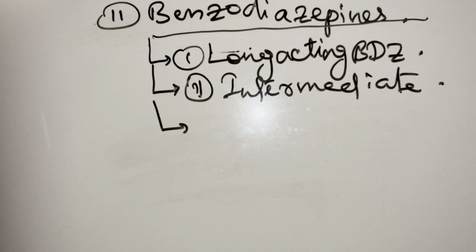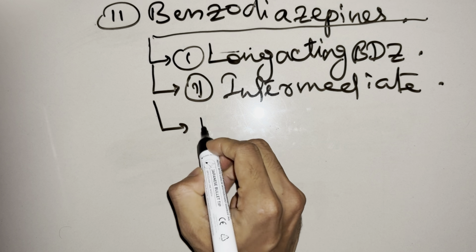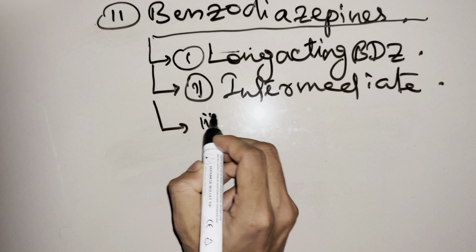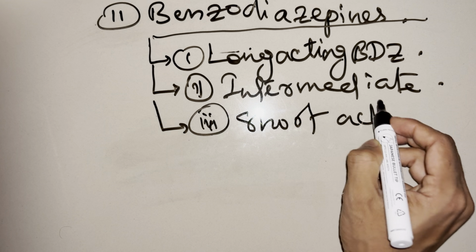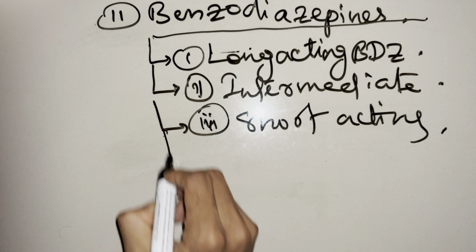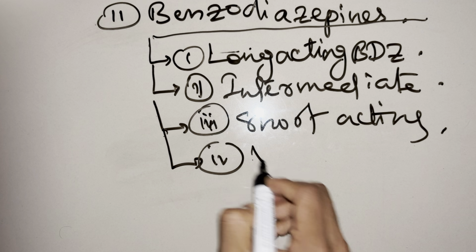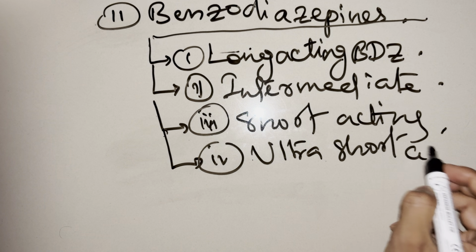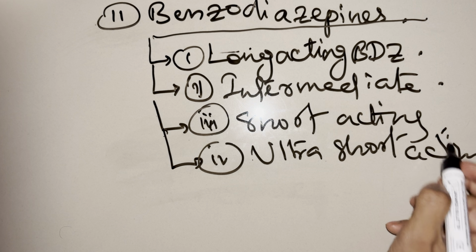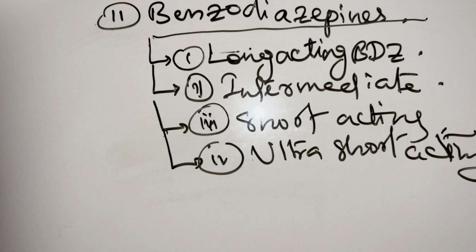Number three is short acting, and number four is ultra short acting.